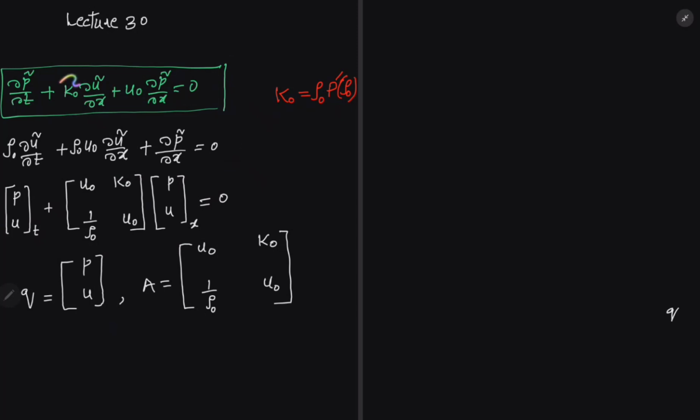You must be wondering, in the actual equation there is P tilde, U tilde and P tilde, and similarly in the second equation we have U tilde and P tilde. But when we have written this matrix form, there is no tilde over here.